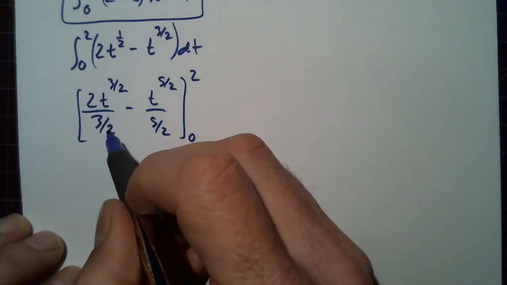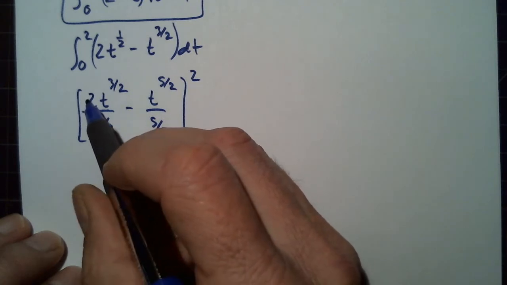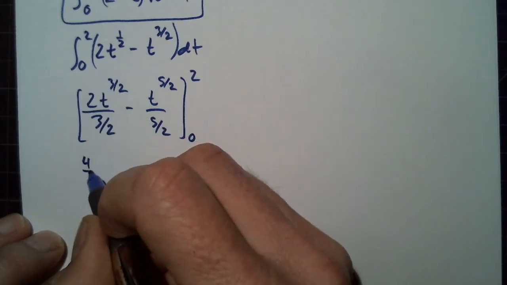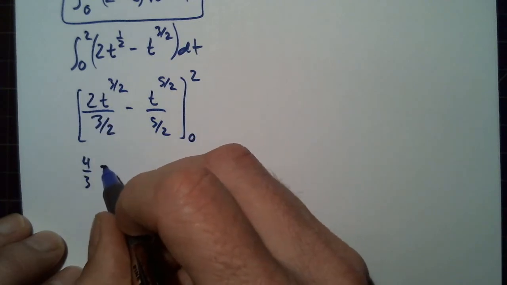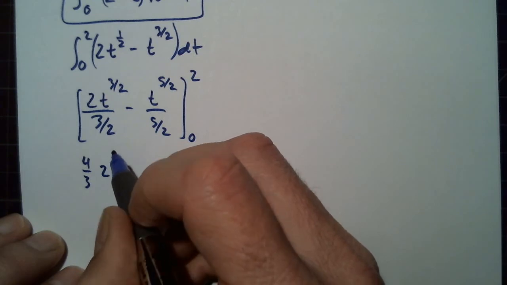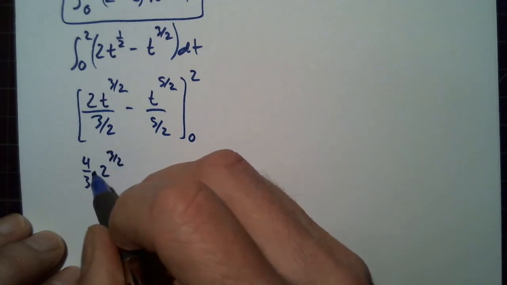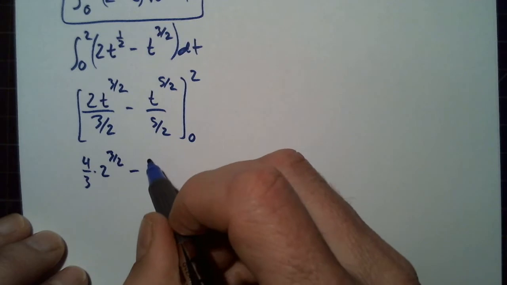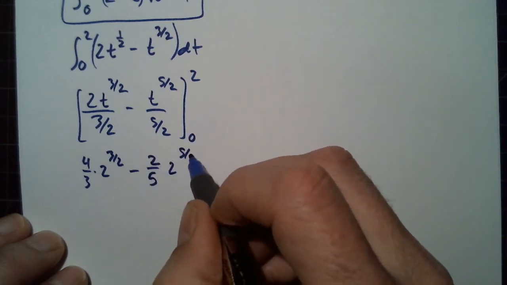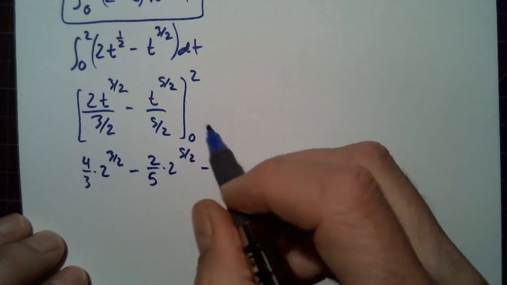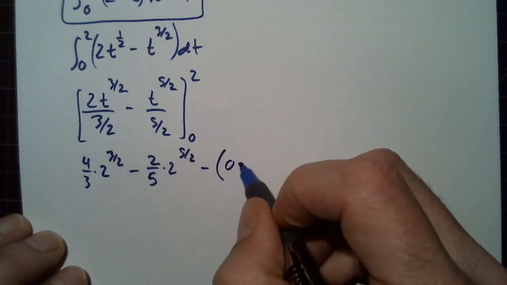Alright, so if we divide by 3/2, we're multiplying by 2/3, so this would be 4/3. That's 2/3 times 2 is 4/3, and then 2 to the 3/2. Alright, this is 2/5, 2 to the 5/2 minus, putting a 0 there, we get 0 minus 0.